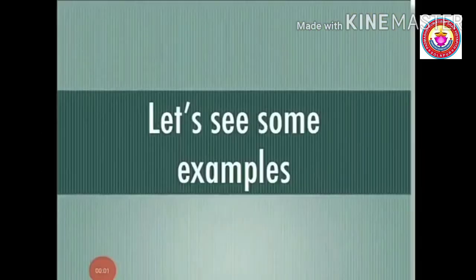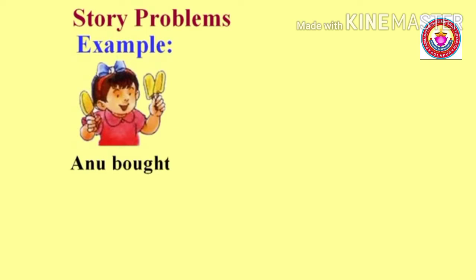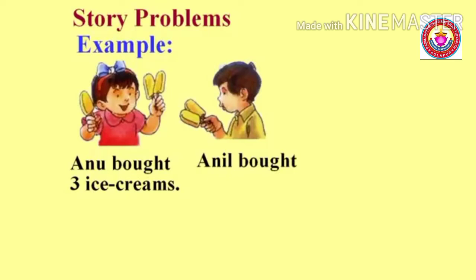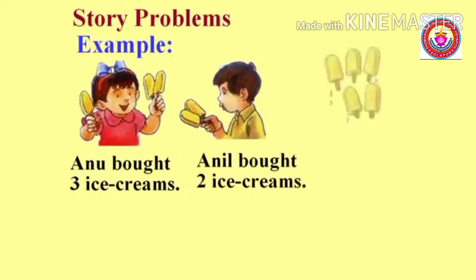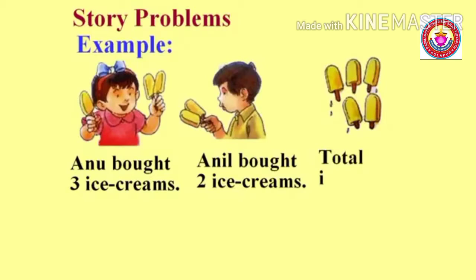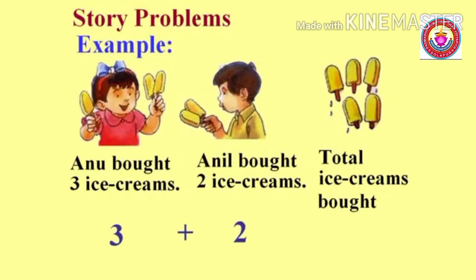Let's see some more examples. Story problems. Example number 1. Anu bought 3 ice creams and Anil bought 2 ice creams. Now, altogether, how many ice creams did they buy? 3 plus 2 is equal to 5. Now, next example.